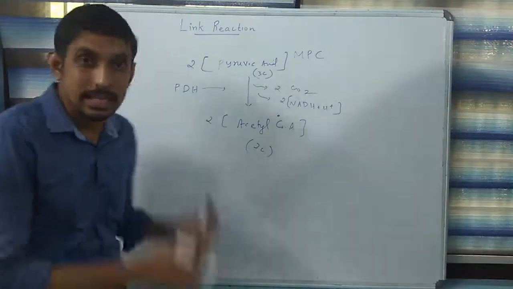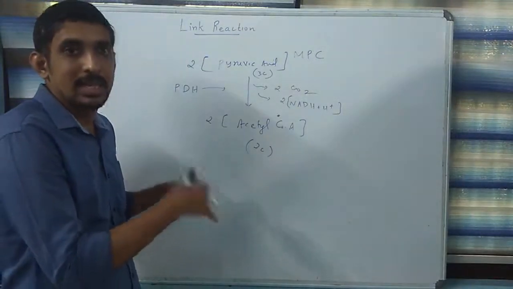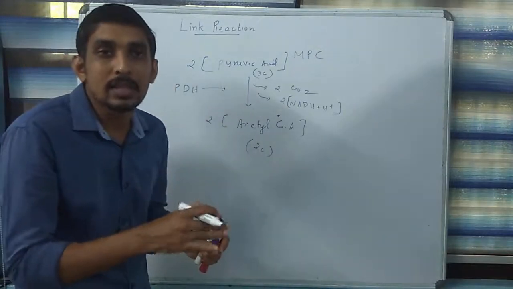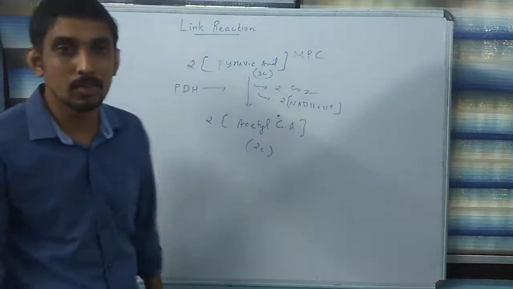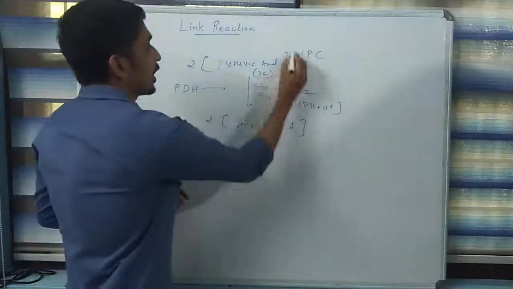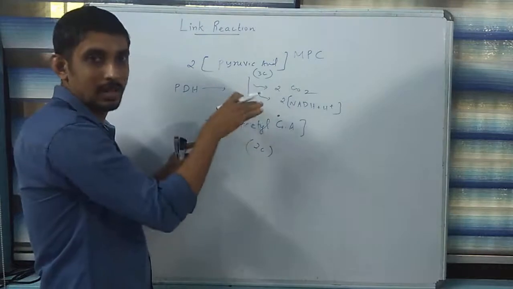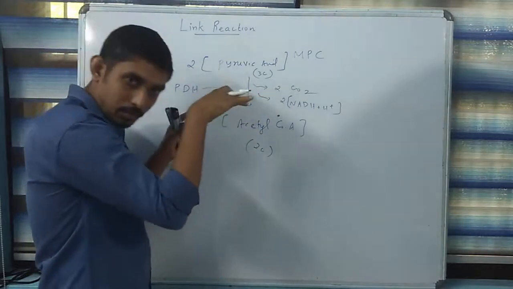Actually, the term link reaction is given to this process for a specific reason. We know that these pyruvic acids are formed as a result of glycolysis in the cytoplasm of the cell.